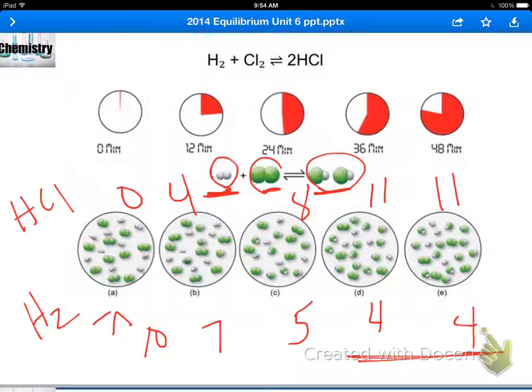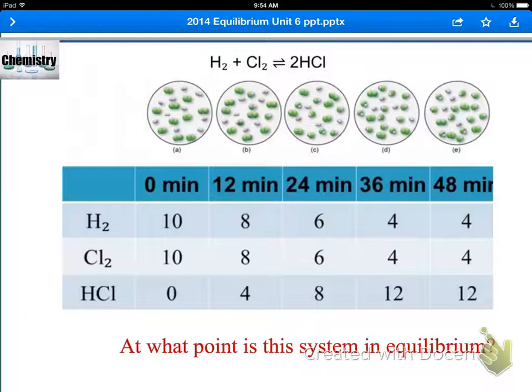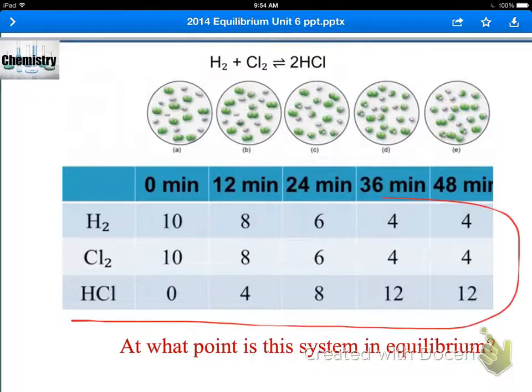Okay. So I can look at any of these. I can look at H2, Cl2, or HCl, and when any of them go constant, the others will go constant at the same time. I can also look at this data as a graph, of course, and it looks like my counts weren't quite right, but here I have my counts of HCl, H2, and Cl2 along the way.